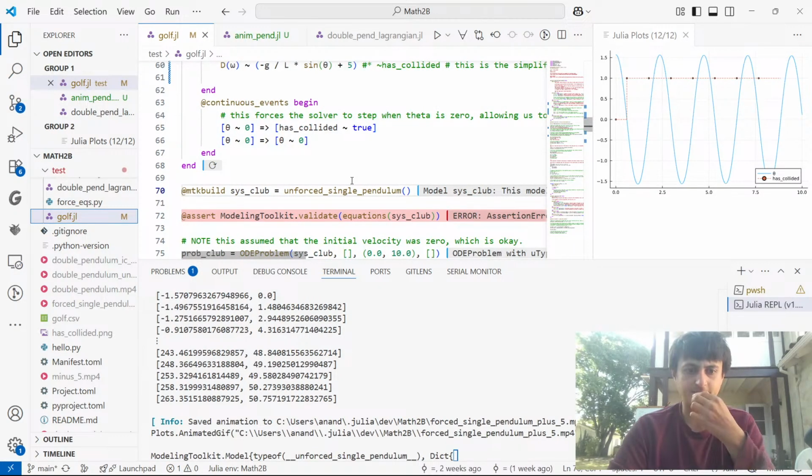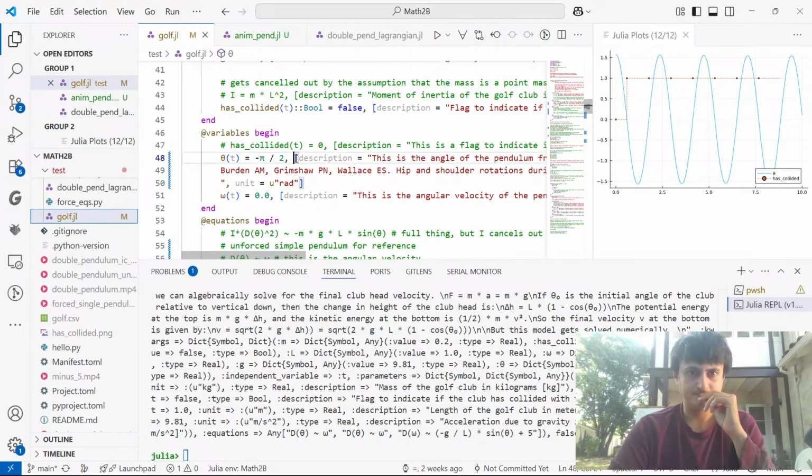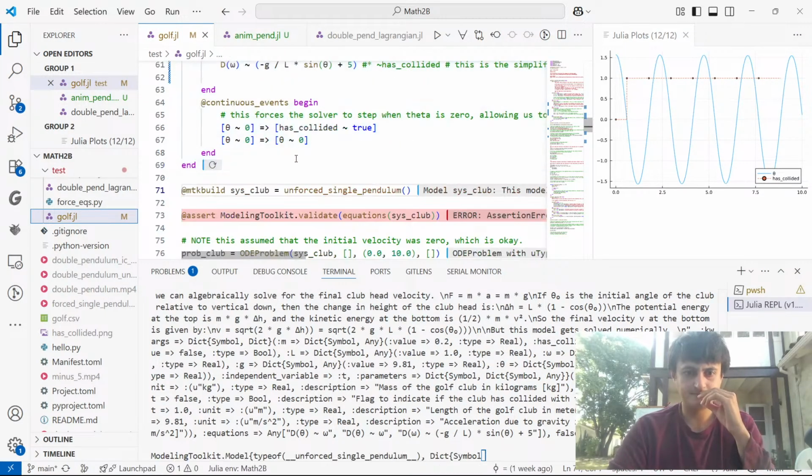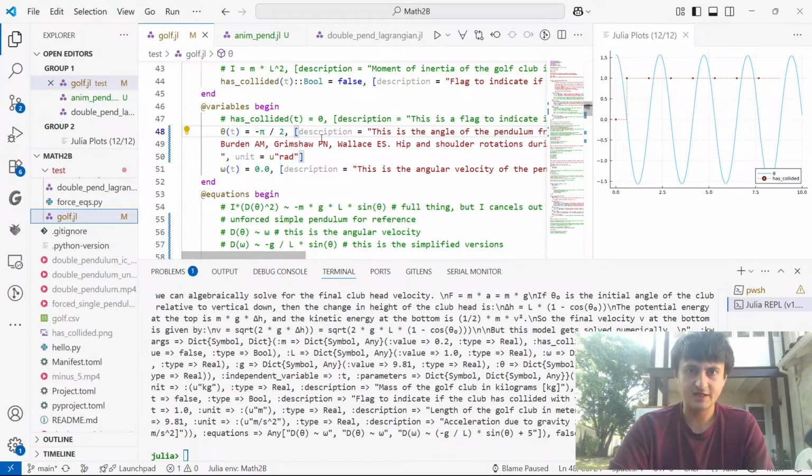Does this still run? Good. Does this still run? Let's see, how do we make it beautiful?